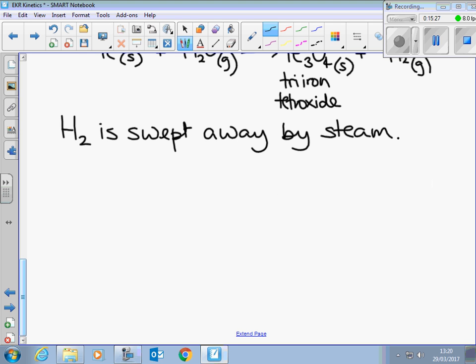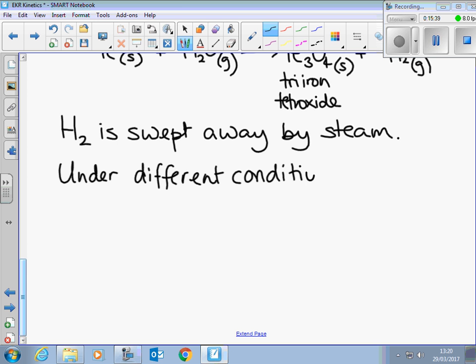But if you had different conditions, and you can probably now work out what they would be, we can adjust the conditions obviously to make this work. The products wouldn't be products anymore, but they would react and the steam would be swept away.